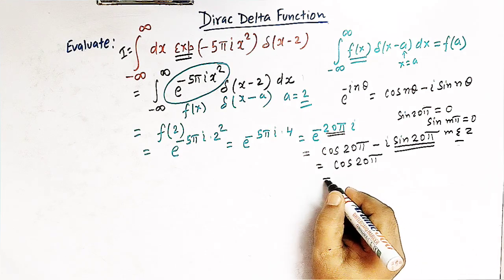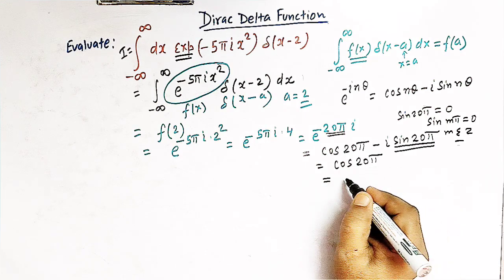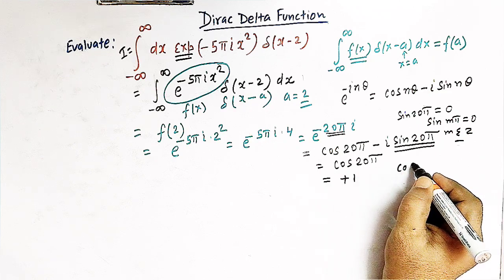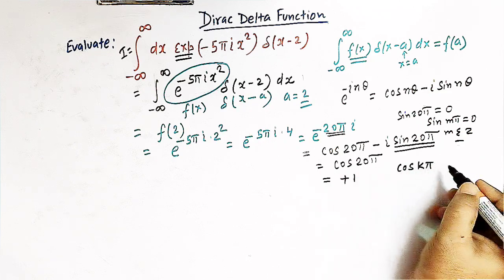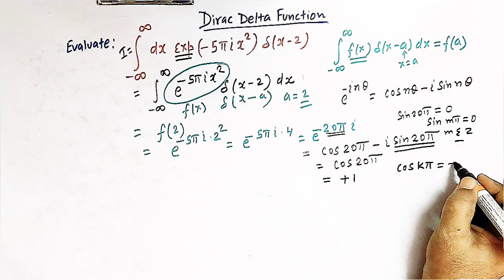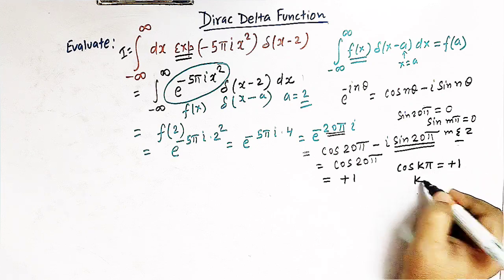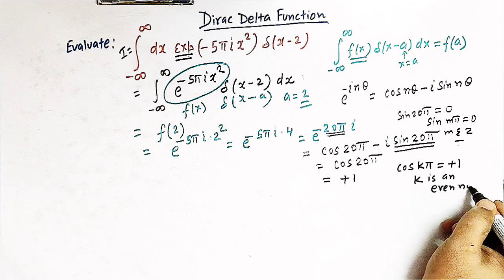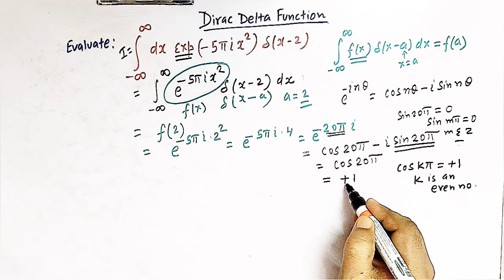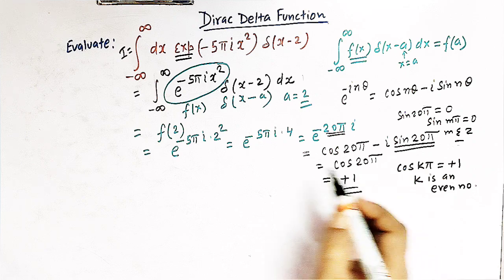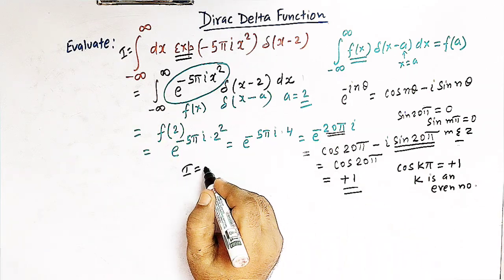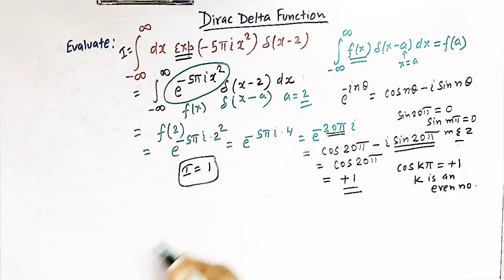Now the value of cos 20 pi is equal to plus 1, because we know that cos of k pi is equal to plus 1 when k is an even number, right? So cos 20 pi is equal to plus 1. So the value of this integral I is equal to 1.